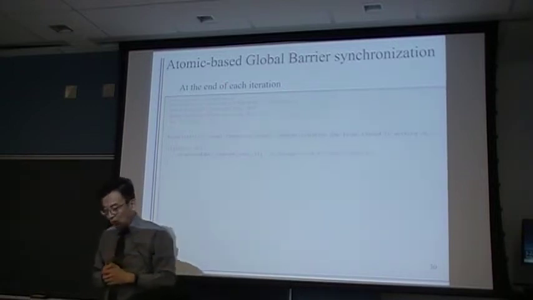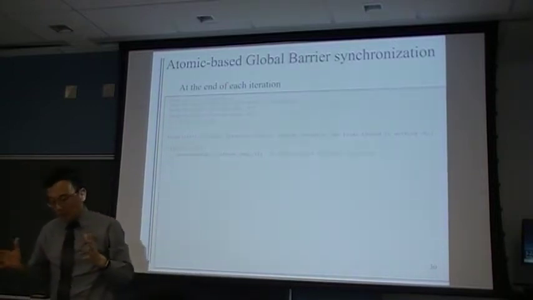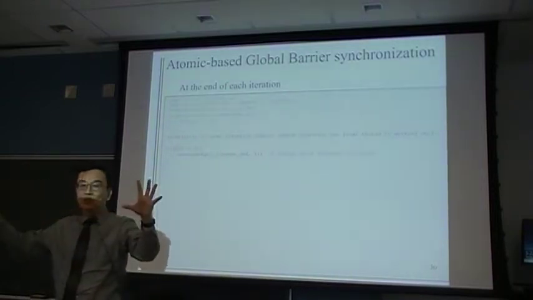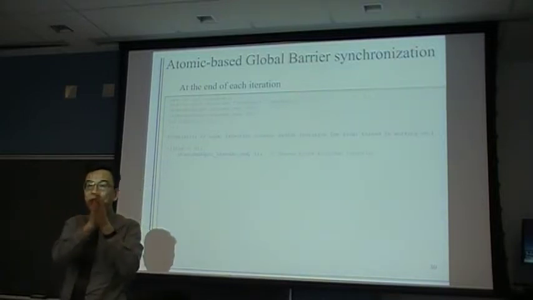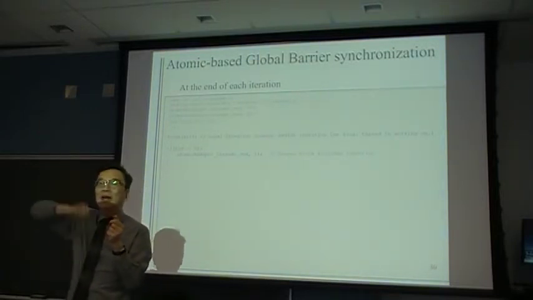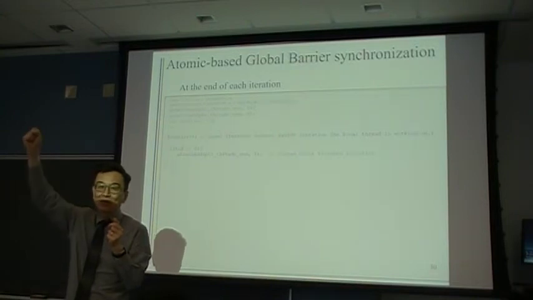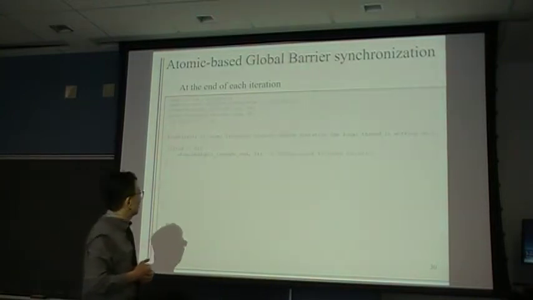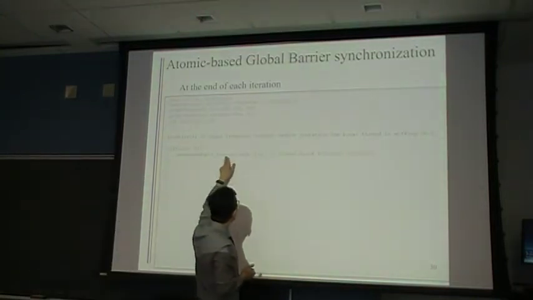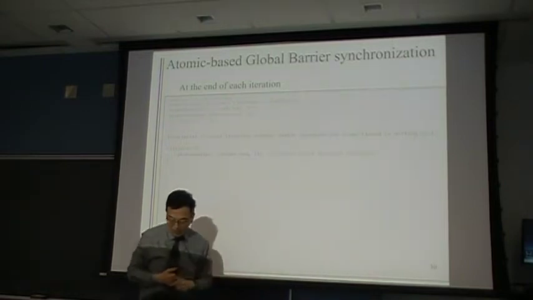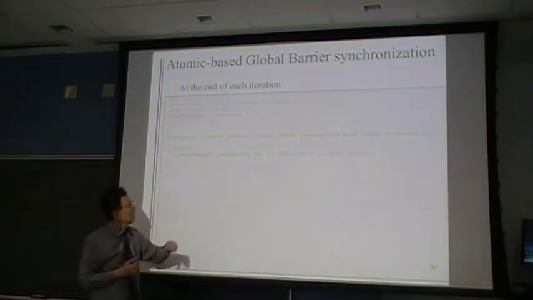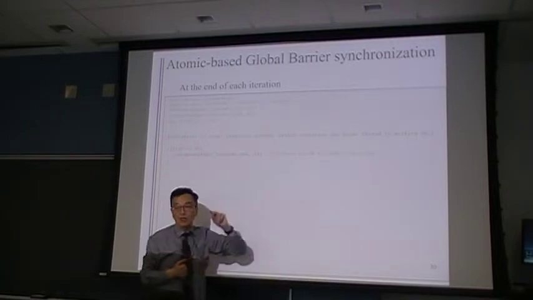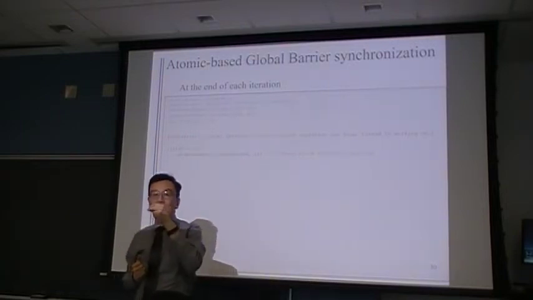So when the thread block finishes with the work, only one thread will say, okay, another thread block is done. This signals that the number of thread blocks that finished the current iteration has just increased by 1.